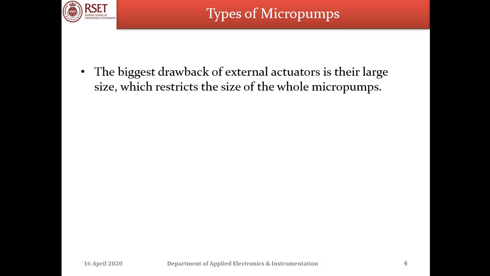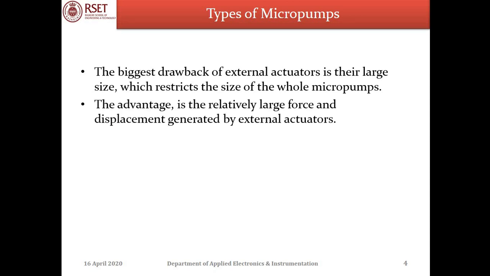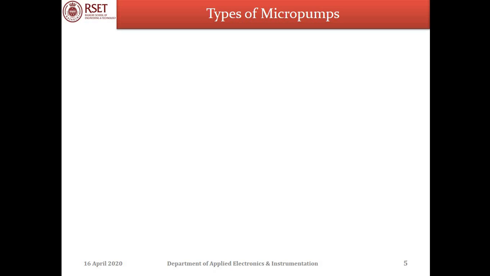Now the biggest drawback of external actuators is their large size, which restricts the size of the whole micropump. However, an advantage is the relatively large force and displacement generated by external actuators.